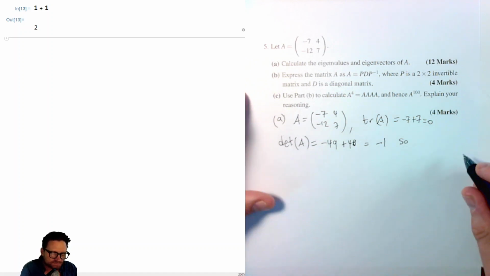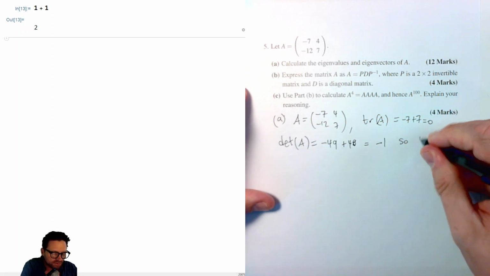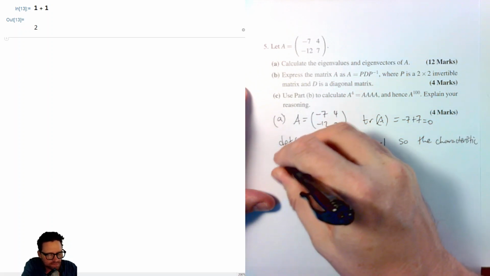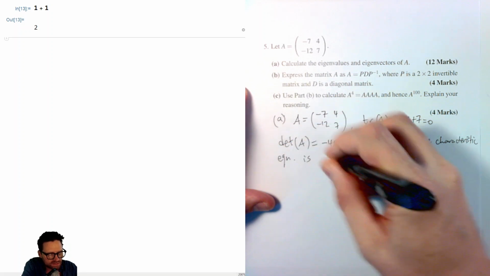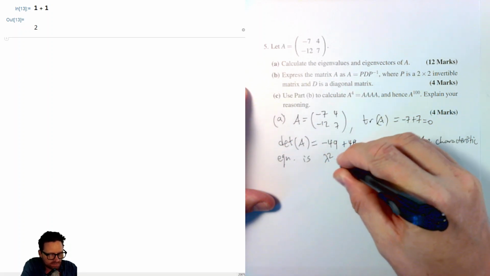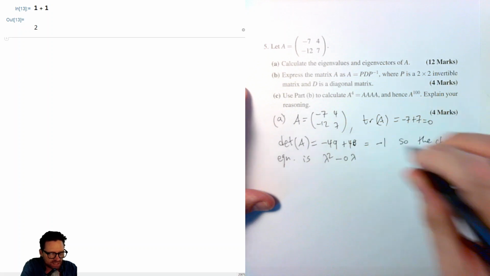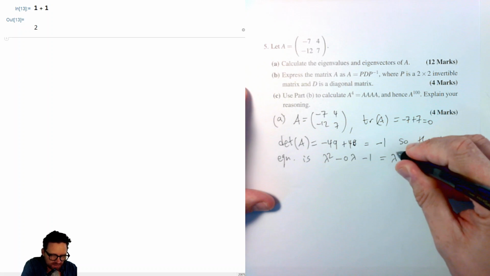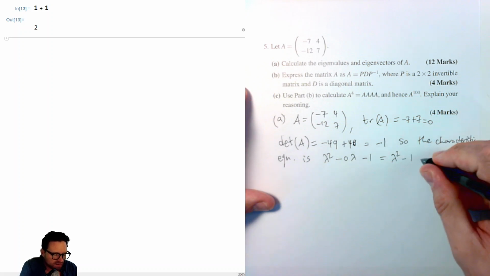And so the characteristic equation is lambda squared minus 0 times lambda minus 1, which simplifies to lambda squared minus 1.